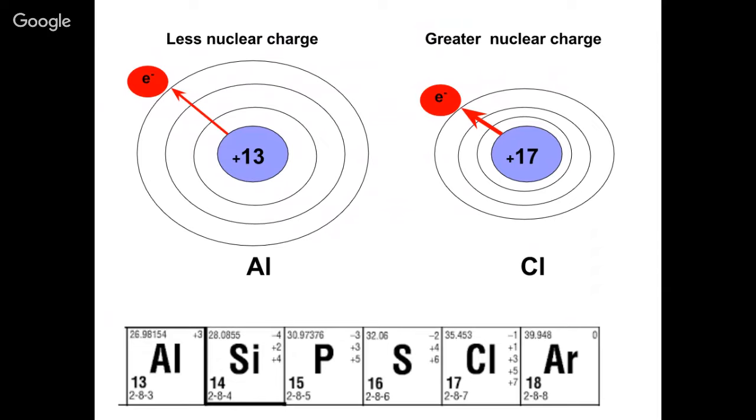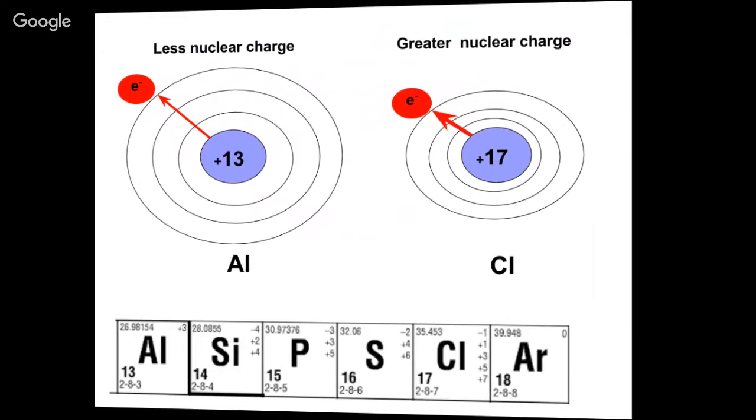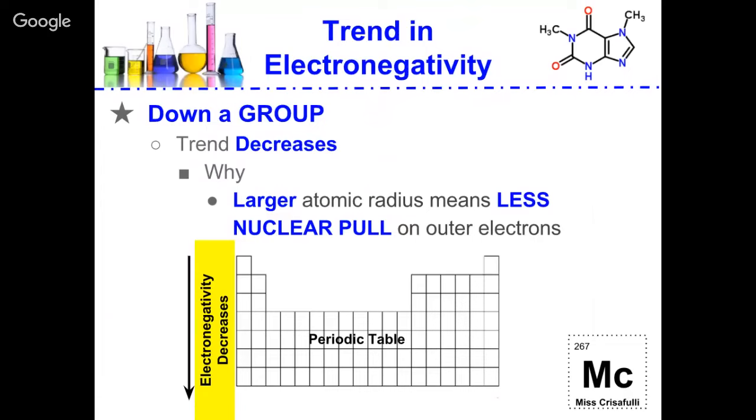Greater number of protons, stronger nuclear charge, it's going to pull those electrons in further, and it's going to make these trends happen. As you go down a group, your electronegativity is going to decrease. Why? You're going to have a larger atomic radius, less nuclear pull on the outer electrons, so your electronegativity is going to decrease.